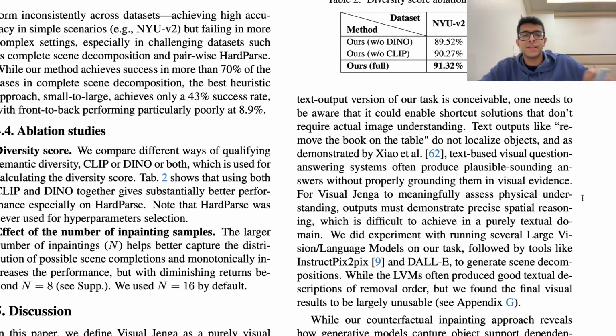Suppose I have this mug which has a pen and a highlighter in it. Maybe the system removes the pen first, then the highlighter, and then the mug itself.